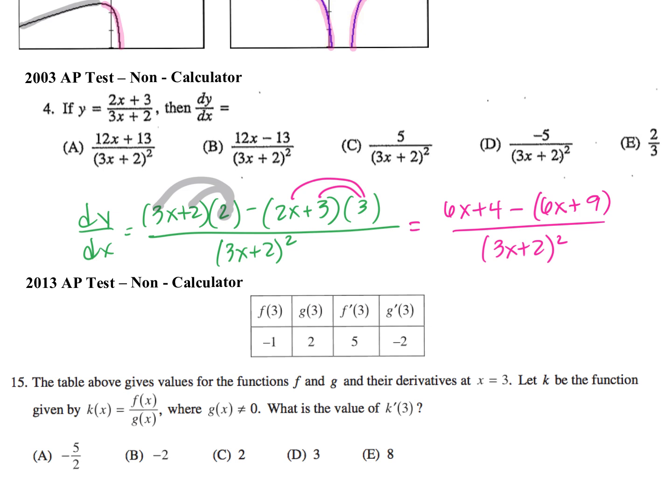What's going to cancel up top? I have a 6x minus a 6x, don't I? So they're going to cancel. And then careful, would it be 4 plus 9 or 4 minus 9? 4 minus 9. Final answer? 4 minus 9 is negative 5.